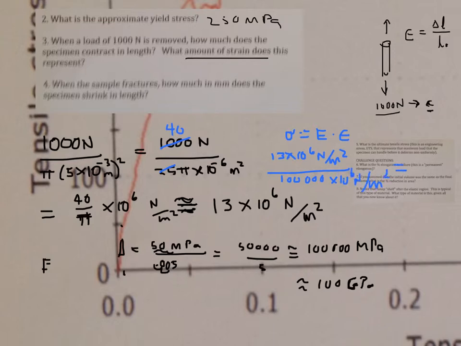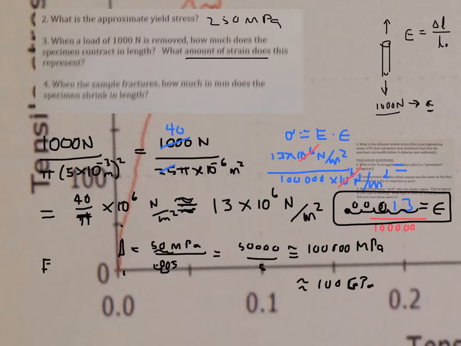So this is equal to 13, and the 10 to the 6th cancels out, 13 over 100,000. So that's 0.00013, which is equal to the strain.